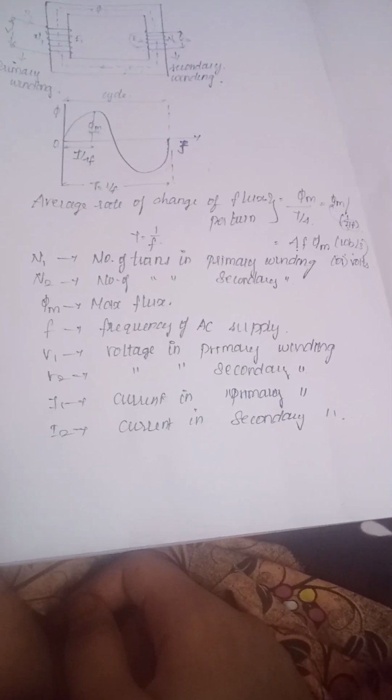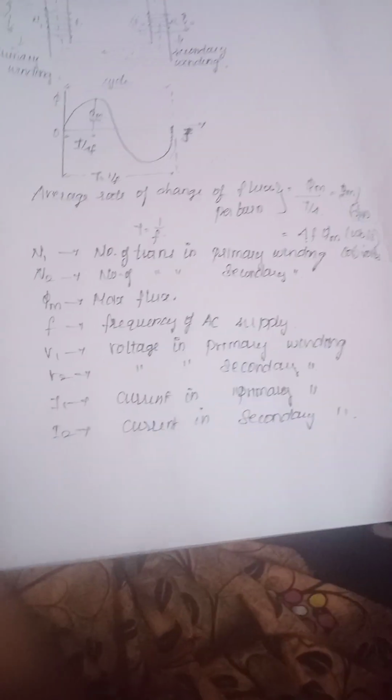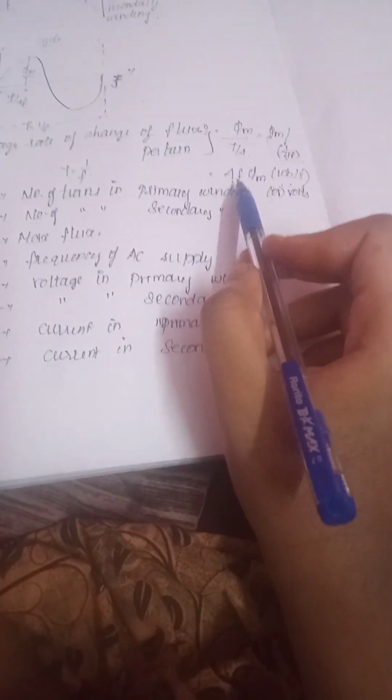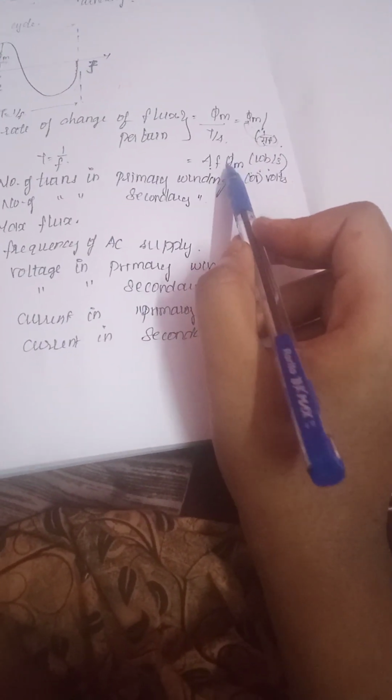So we find the average rate of change of flux. This is per turn, and the answer is 4f phi m Weber per second, or otherwise we use the unit volts. We have found the EMF induced per turn.